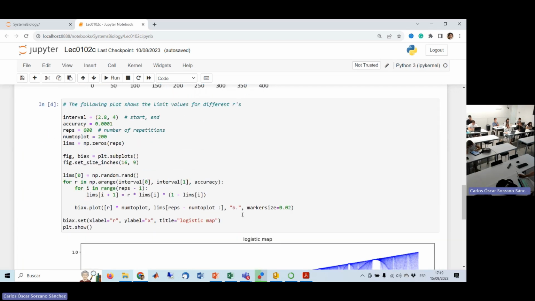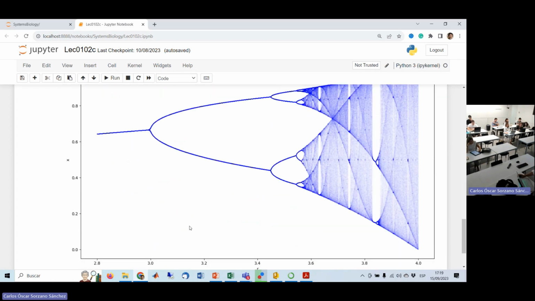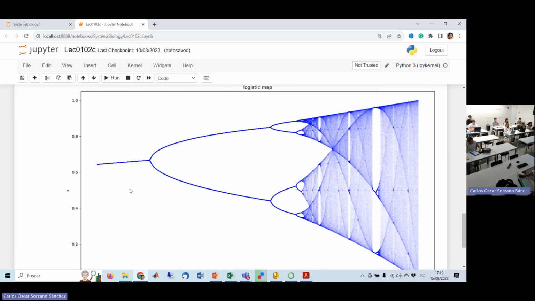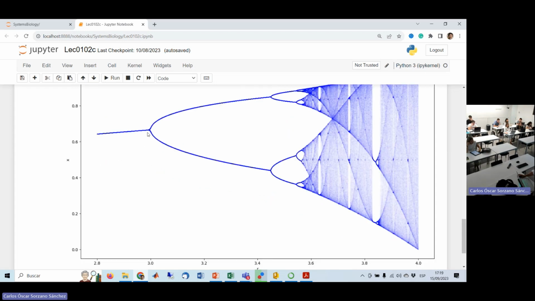Here we have another interesting analysis: the chaotic behavior of that particular system depends on R. Depending on the value of R, it is chaotic or not. Here we show, for different R values, the limits, whether it becomes chaotic or not. For values below 3, it is not chaotic at all, totally deterministic: you separate by 10 to the minus 8, and they are almost the same.